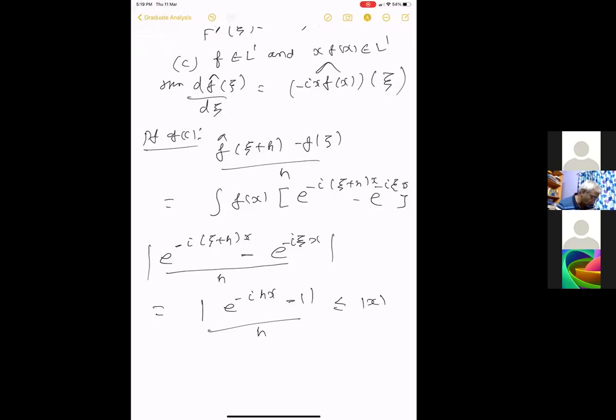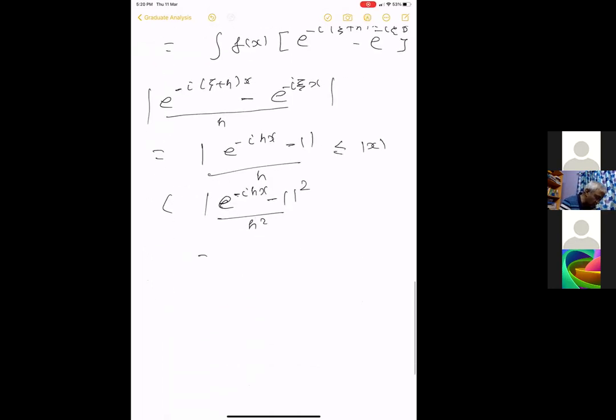So why is this true? We want to take the modulus of e power i hx minus 1. So take the modulus square: modulus of e power i hx minus 1, squared, divided by h square.